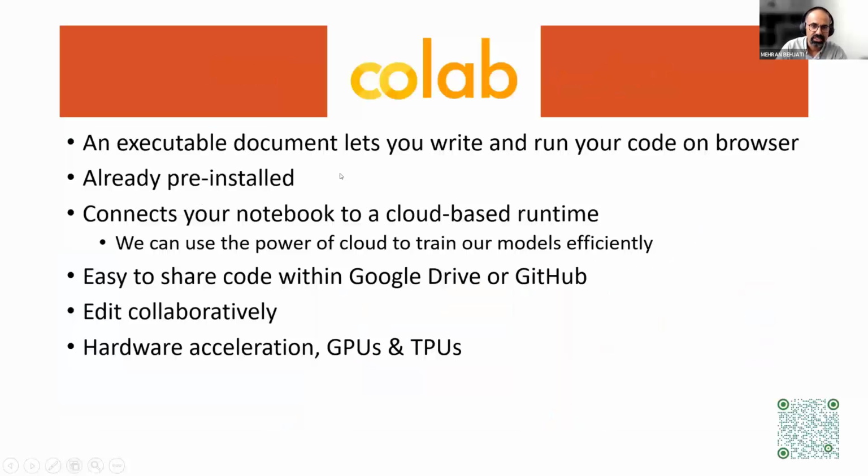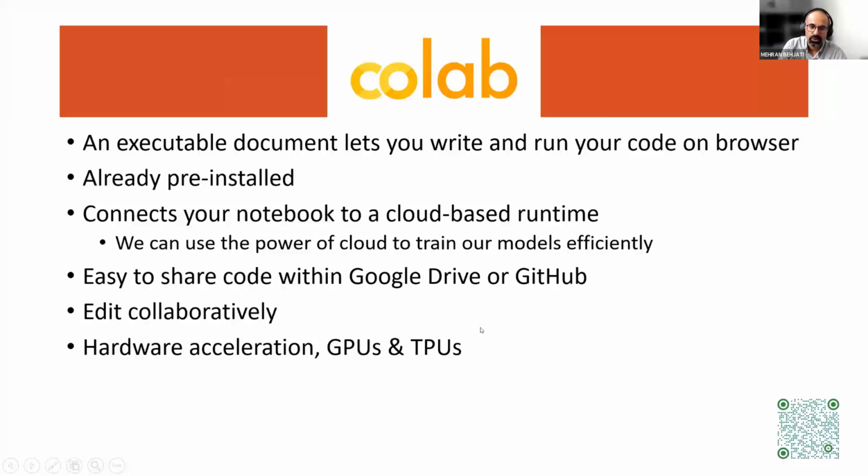So let's define what Colab actually is. It's an executable document that allows you to write and run your code on the cloud and share your code with others. Actually, it's like a version of Jupyter Notebook that can be stored in Google Drive. So later you can share your code with Google Drive or GitHub.